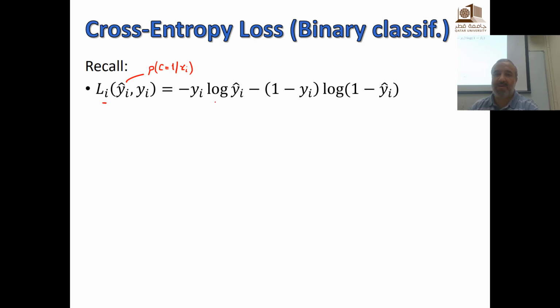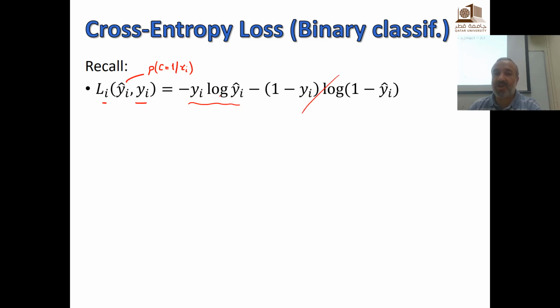And if you look at it, you'll see that if the estimated probability of the correct class is 1, let's say that the true class is 1, then this expression will reduce to this part only, because yi is 1, then this is cancelled.